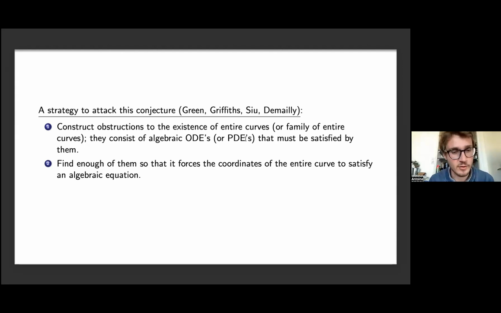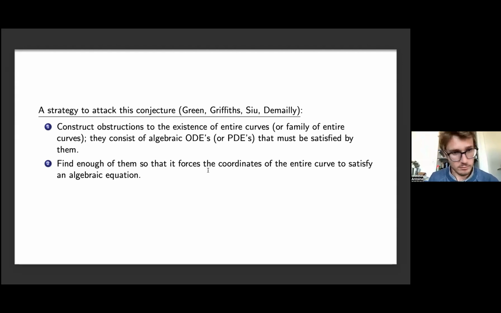But in some particular cases, one wants to really understand these obstructions. And if we believe in the conjecture, it should force the coordinates of the entire curve or family of entire curves in the projective space to satisfy algebraic equations, so being included in a proper algebraic subset.